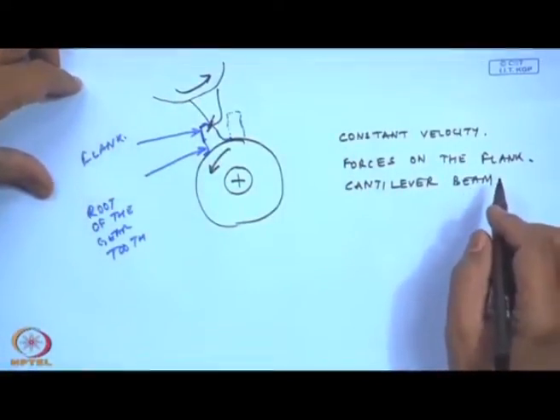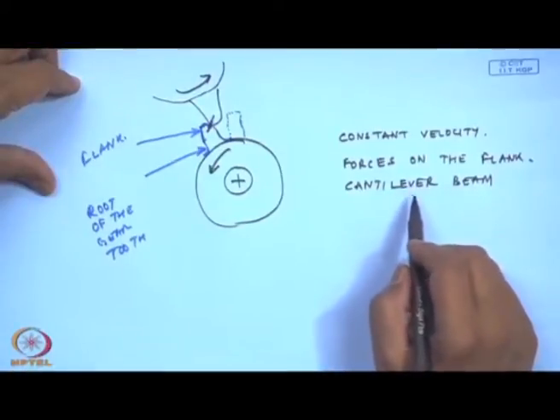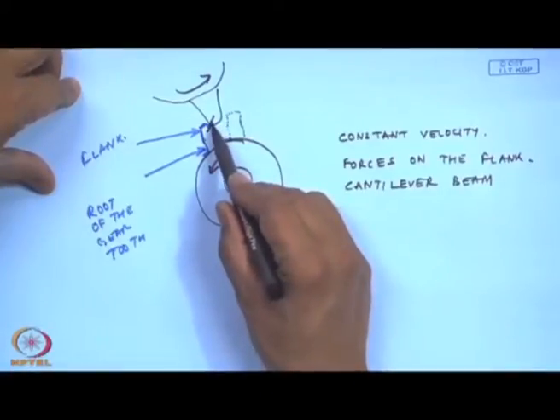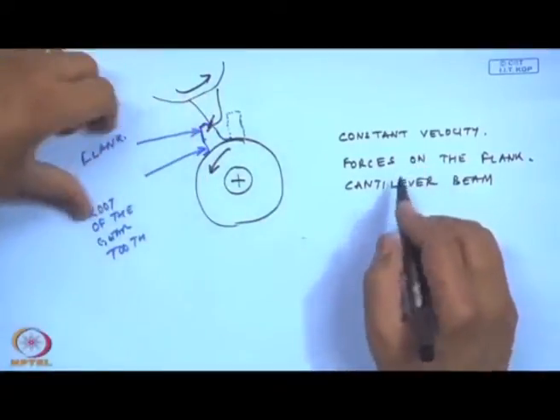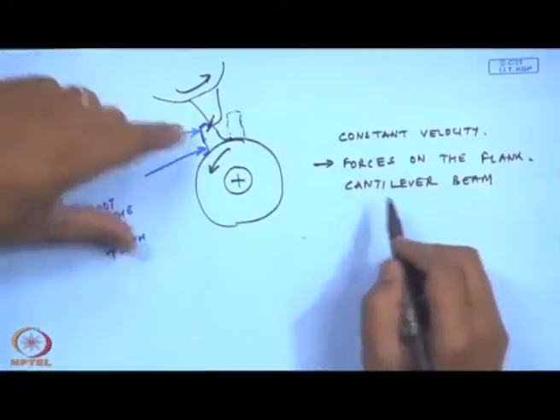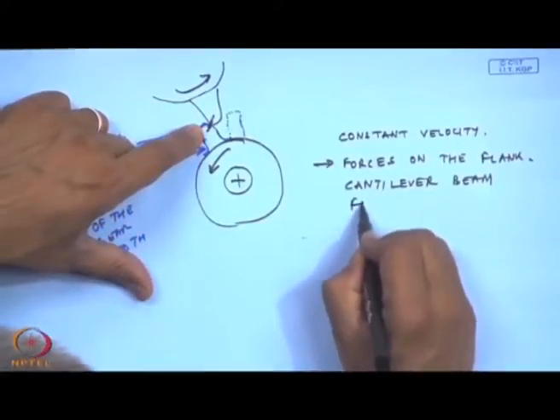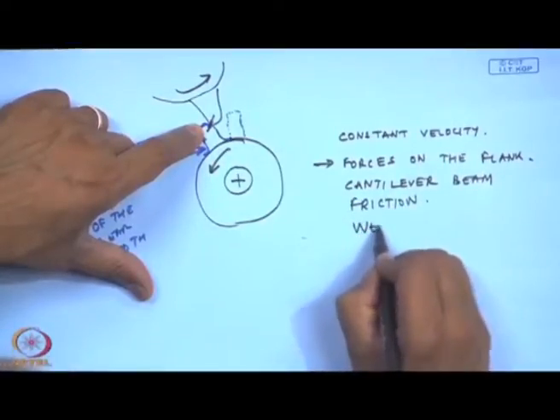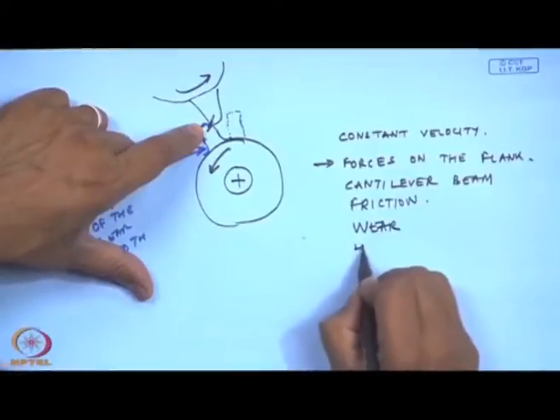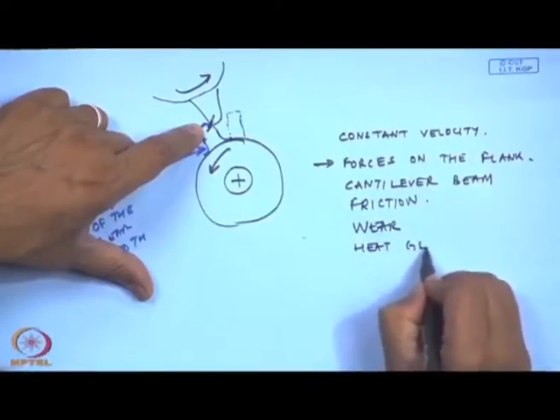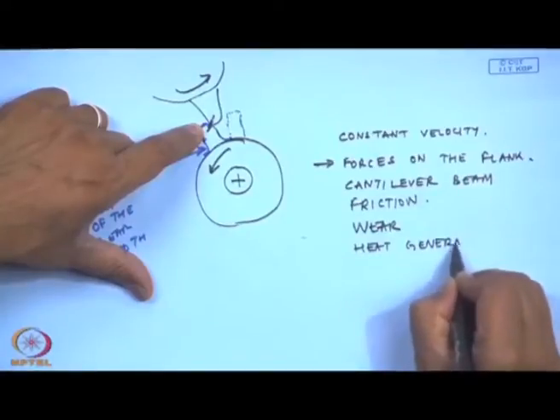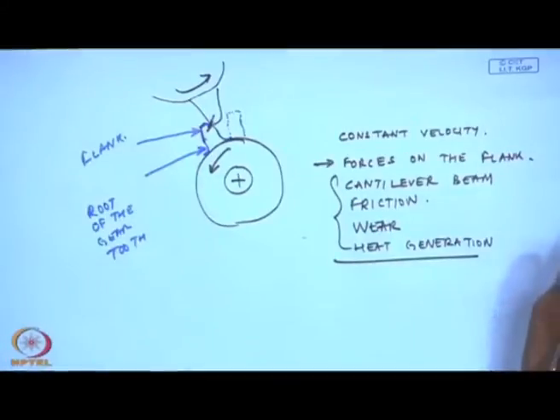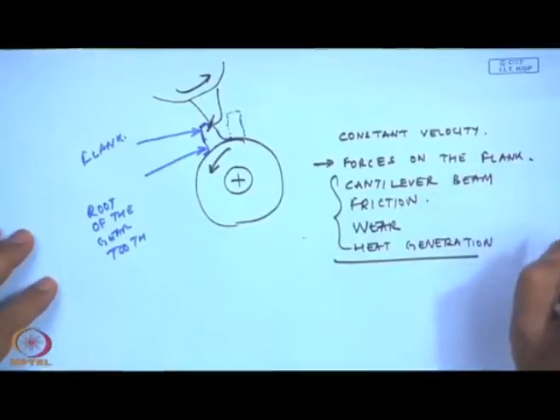Now, the question is, when the gear teeth are in contact with the other gear teeth, there will be forces, and because of the contact there is friction, and so there will be wear and there will be heat generation. So, a lot of these things happen in the gearbox. This kind of mechanics happens in the gearbox.